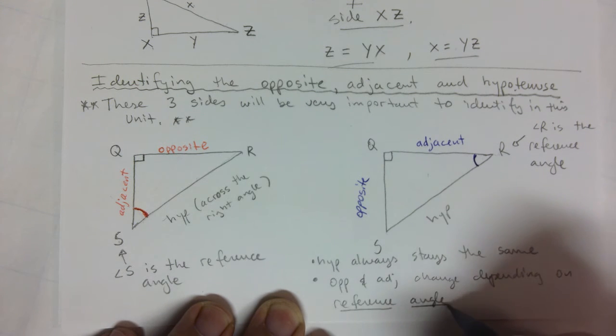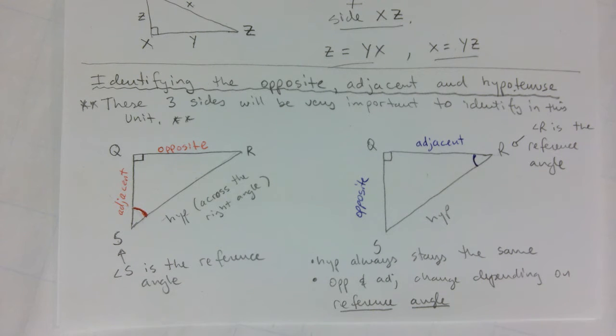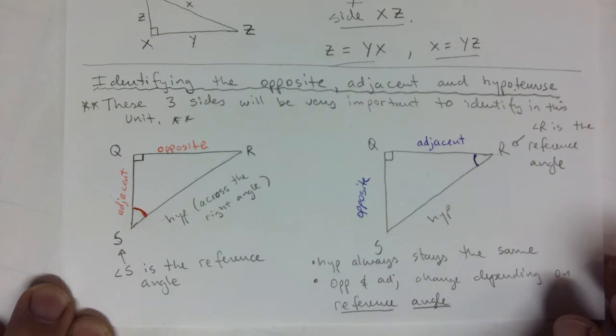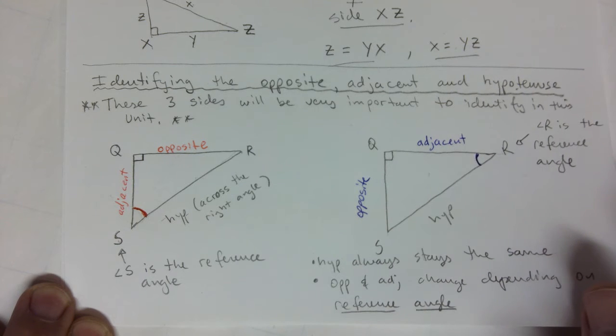There's that word reference angle. Okay, it's where you refer from. It's where you go out of. Okay, and so we have that. So let's have a couple of examples right after this, and you'll give this a try.